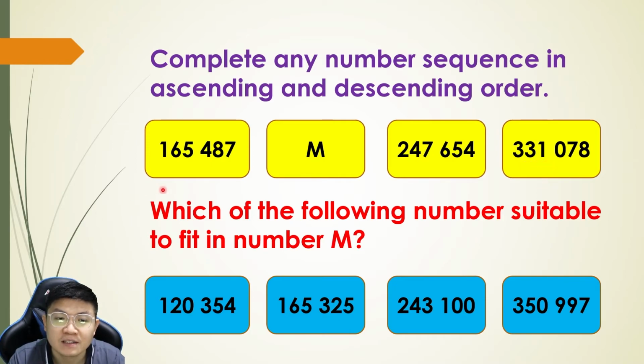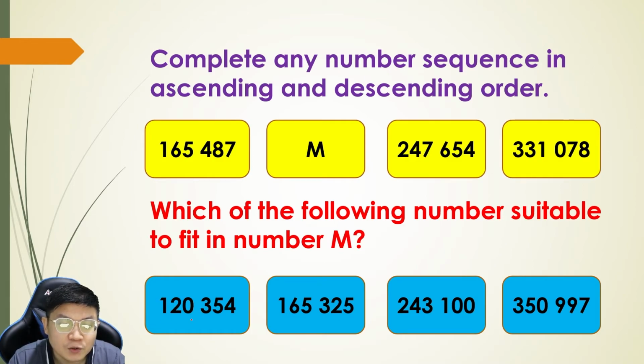Now, before I start to find out what M is, let's look at this order. Is it ascending or descending order? Yeah, it's actually ascending order. You are arranging starting from smallest to largest, right? So I need to find a suitable number that fits in the M.